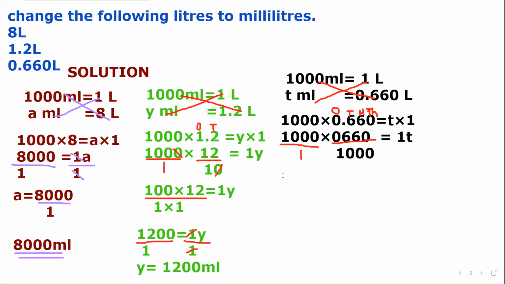So you can also rewrite this one in this form. We have the 1000 times 660 equal to 1t.